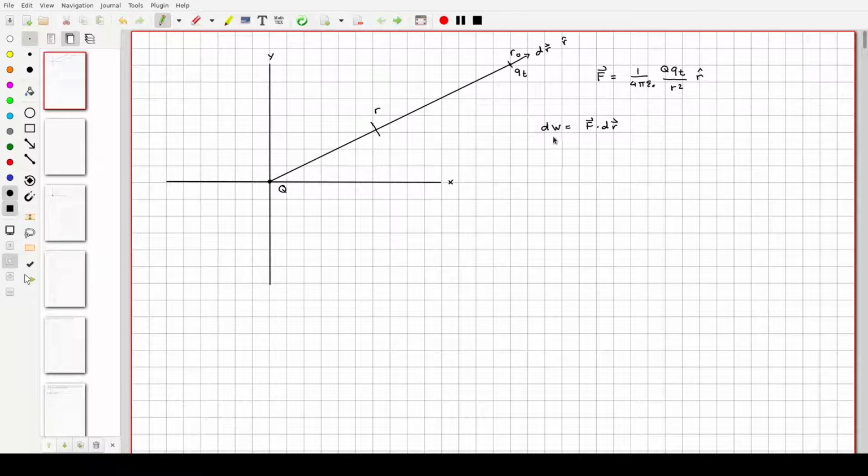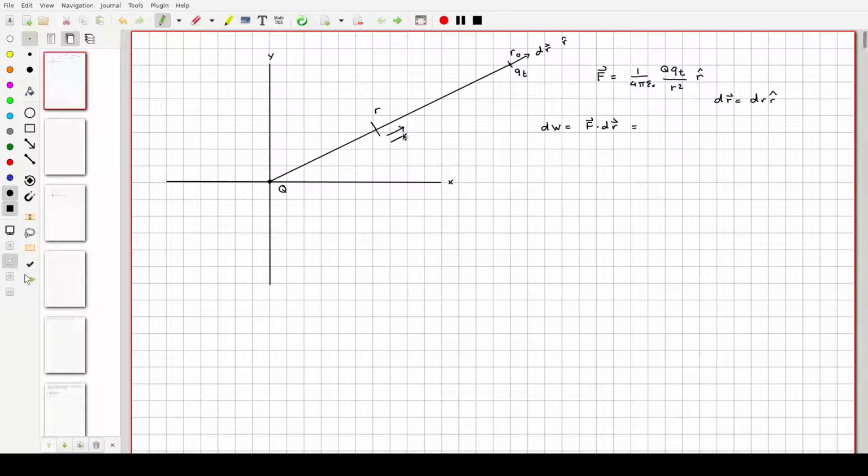So here, if you look at the dot product between F and dr, and dr here is going to be dr r hat. If you look at this dot product right here, the force is trying to push that test charge this way.